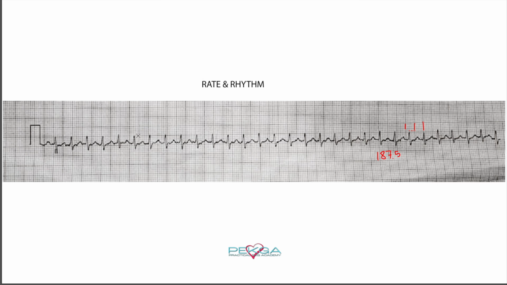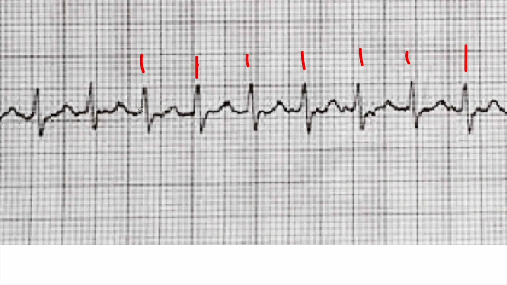It's so fast. The other thing off of here is the rate is regular. So your ventricular rate is regular. The QRS complex is narrow. It's roughly two and a half boxes wide, so that's 100 milliseconds maximum.